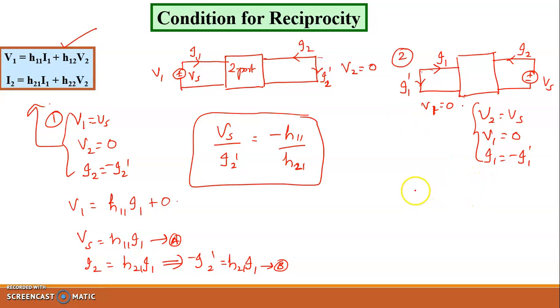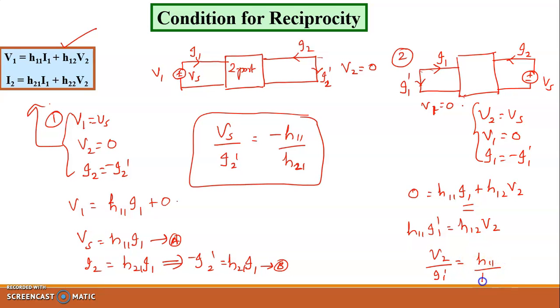from the first equation, V1 is 0, so 0 is equal to H11 I1 plus H12 V2. I know I1 is minus I1 dash and V2 is Vs. So I can write H11 into I1 dash is equal to H12 into V2, or V2 by I1 dash is equal to H11 by H12.